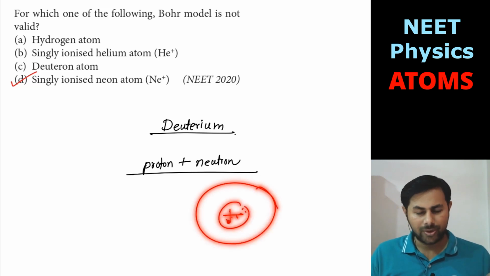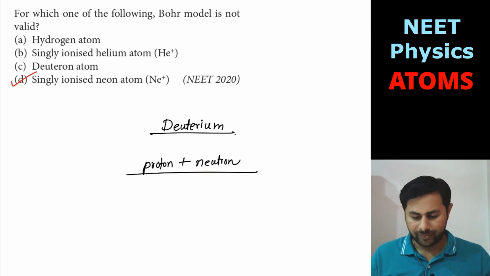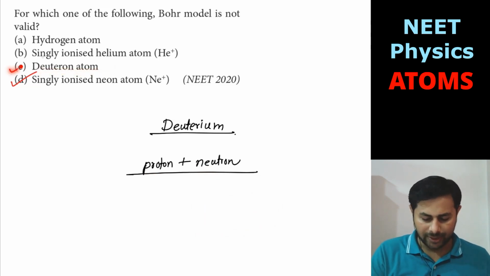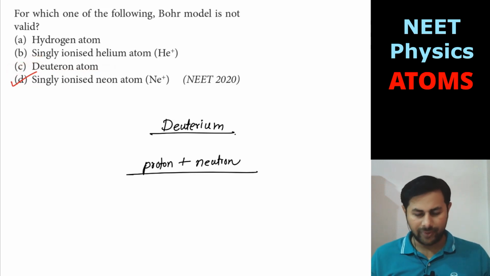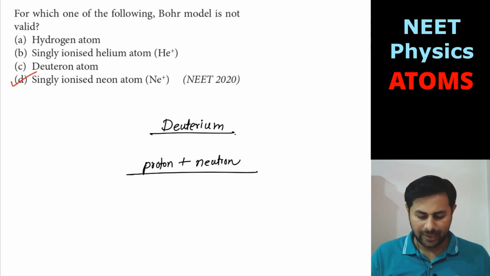In deuterium, there is just one neutron extra in the nucleus. So proton and neutron, and the electron revolves around it. That is also fine, because there is only one electron. This is an isotope of hydrogen only. All right, this is simple.